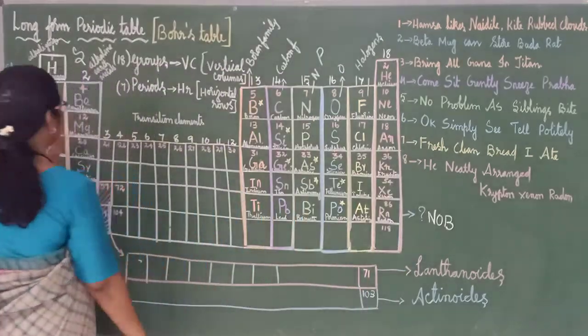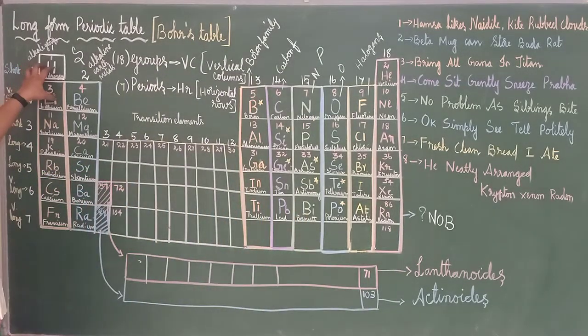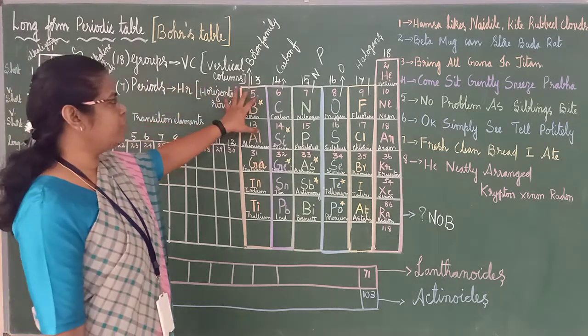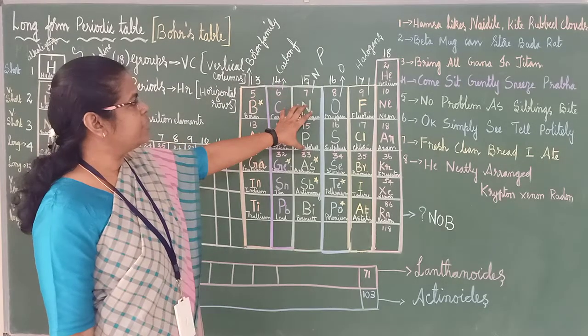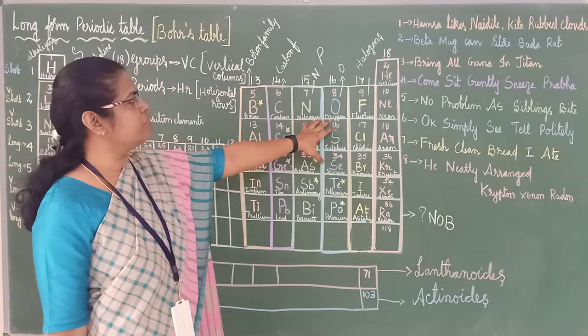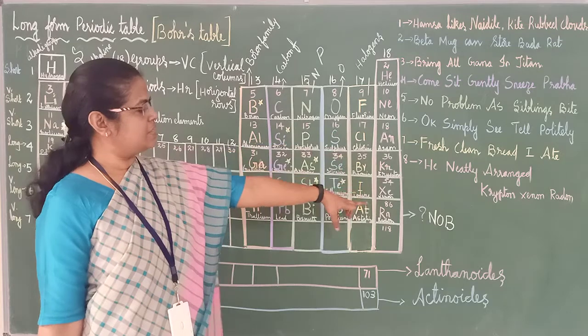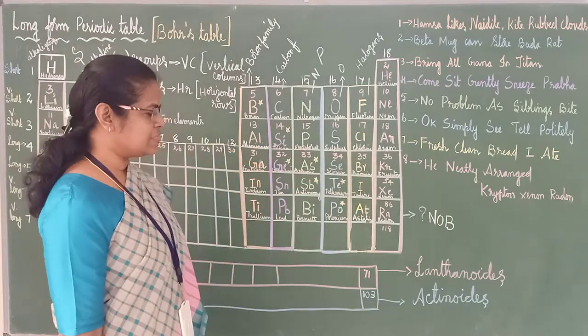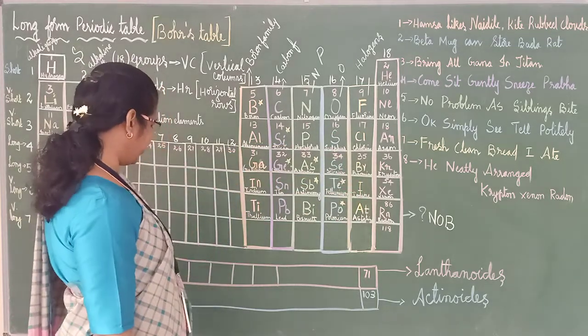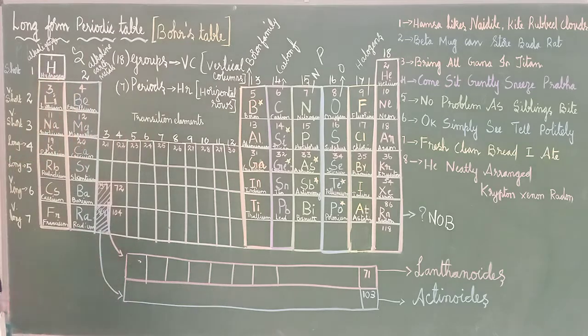Okay, so this is clear now. The first group is the alkali group, then here alkaline earth metals, boron family, carbon family, nitrogen family, oxygen family, halogens, and then noble gases. And here this is lanthanoids and this is actinoids.